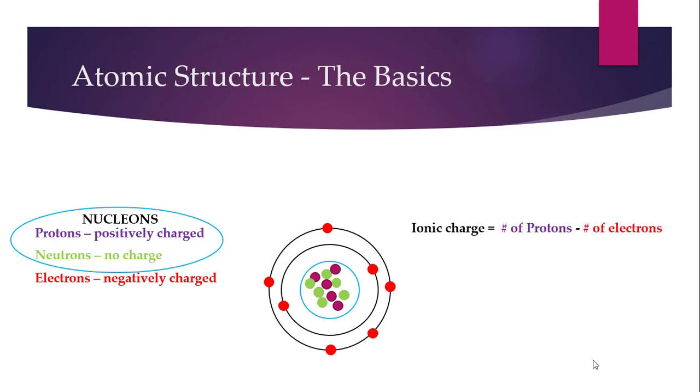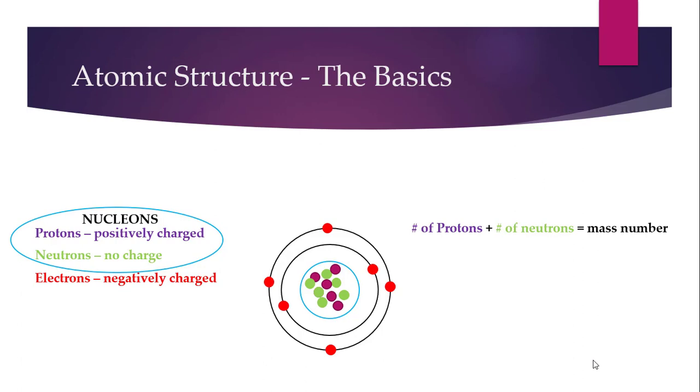The overall ionic charge of an ion is equal to the number of protons minus the number of electrons. So in this example, we have 6 protons, we are subtracting 7 electrons, and so you get an ionic charge of -1, so this is an anion.